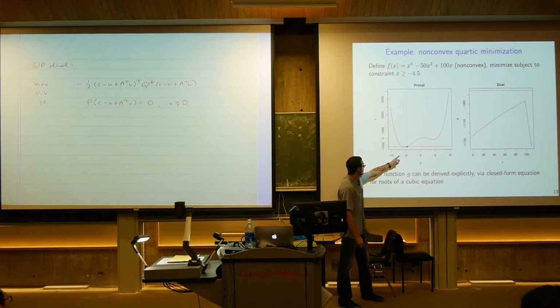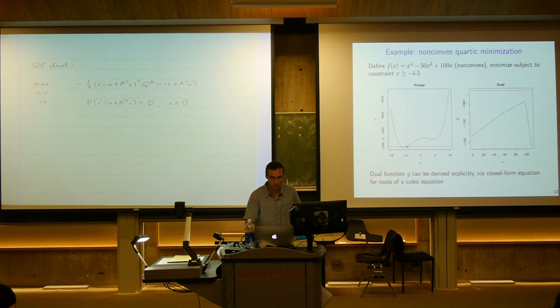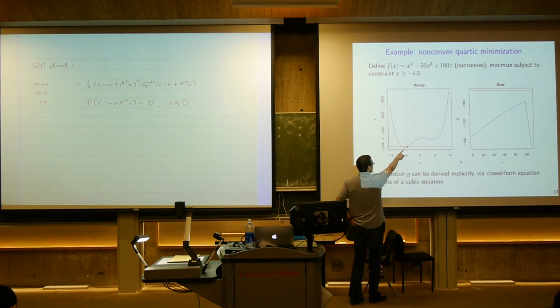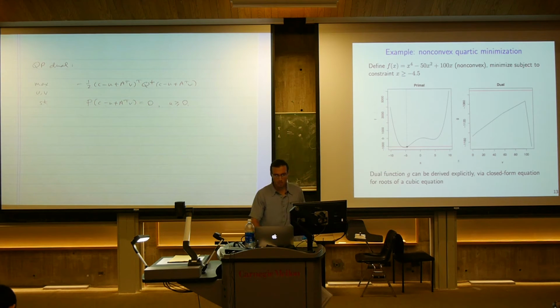The solution occurs right at the boundary in this case, and this is the primal criterion value in red. It's not the global minimum. The global minimum occurs outside the feasible set, a little bit to the left of minus 4.5. But this is the optimal value of this non-convex univariate problem.